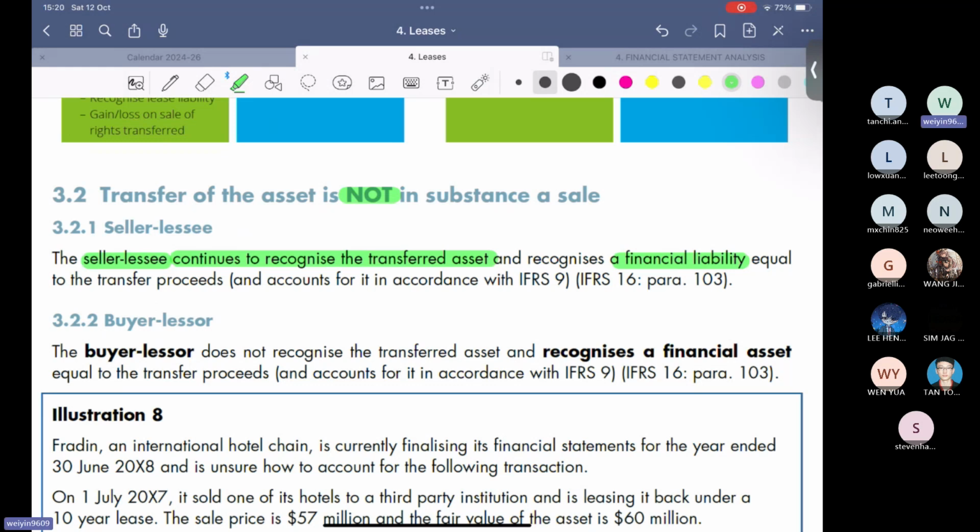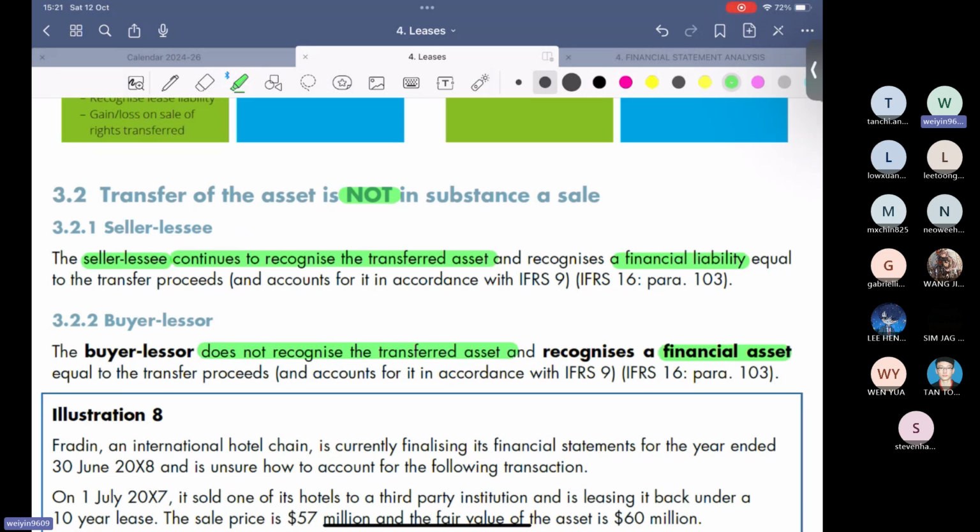Because this is not a sale, but I received the cash, I will debit cash, credit financial liability. As for the buyer-lessor, because I didn't get any asset, I do not recognize the transferred asset, but I will record a financial asset, which is equal to the transfer proceeds.